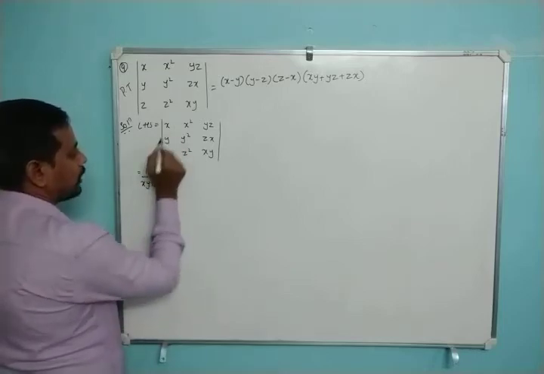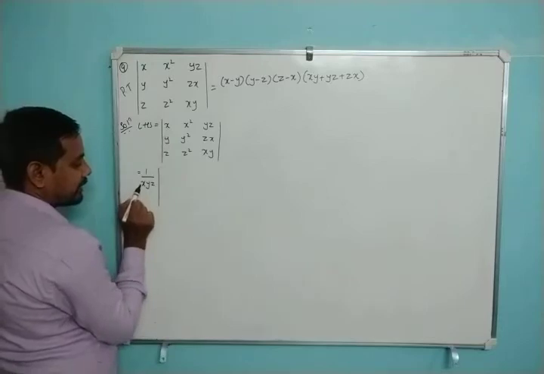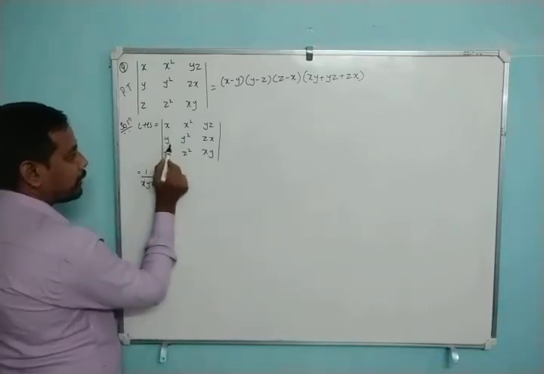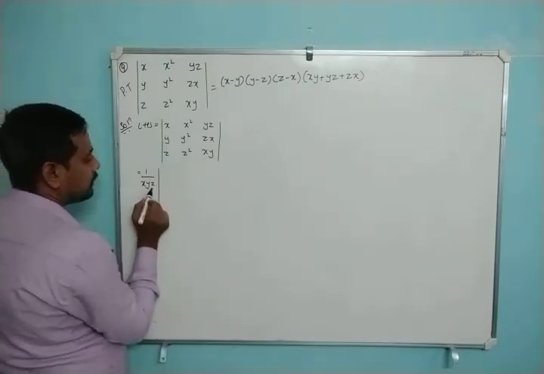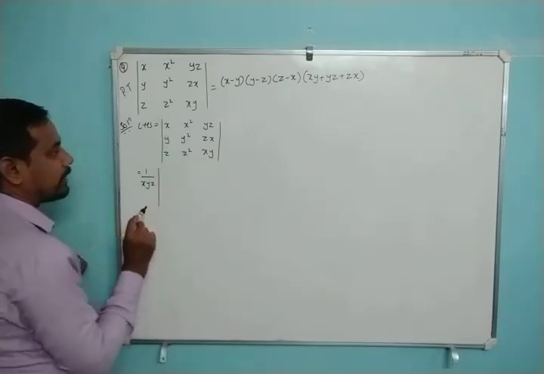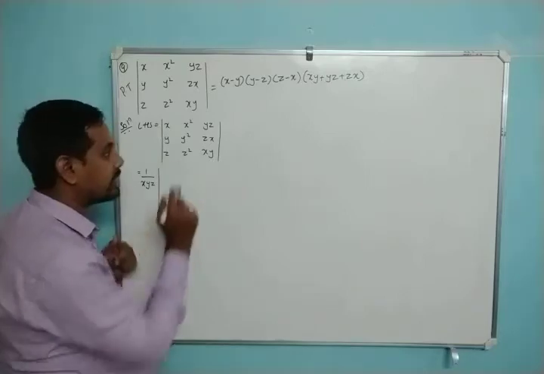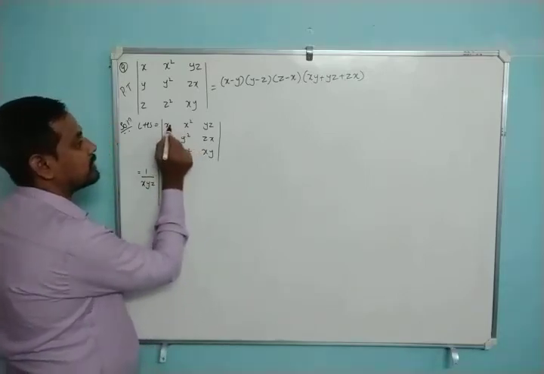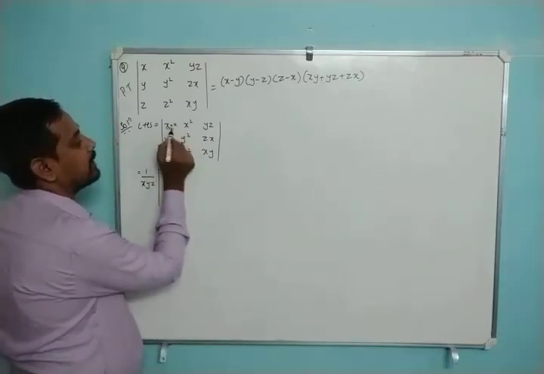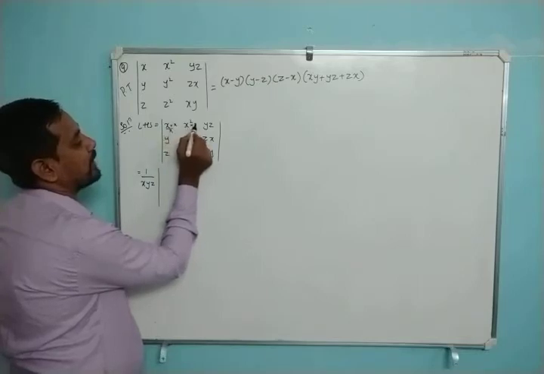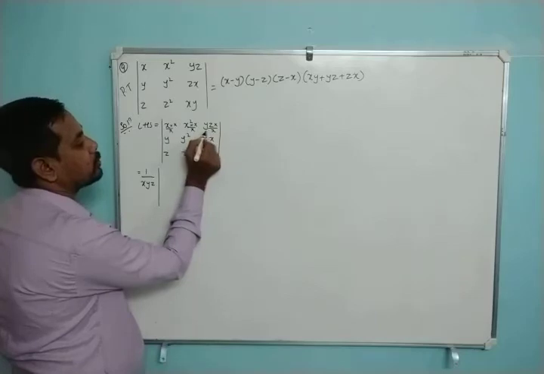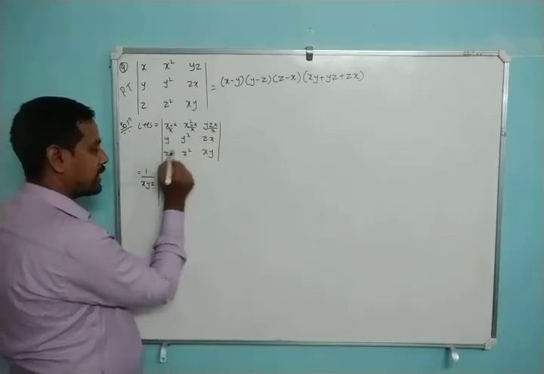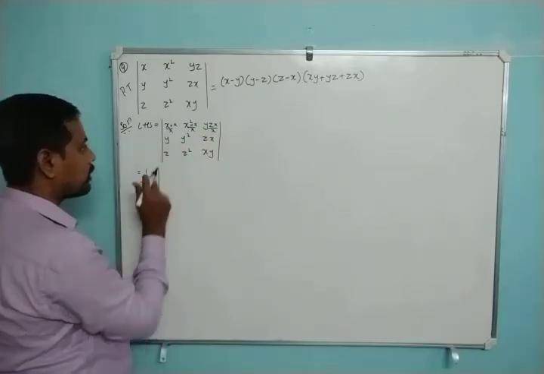Into, so x I have divided, that came out, y I have divided to the second row, that came out here, z I have divided to the third row, it came out as a denominator. But whatever I multiplied, that is still there in the numerator. This is like x into x by x, into x by x, into x by x. So divided by x will come out. Similarly divided by y, divided by z will come out.